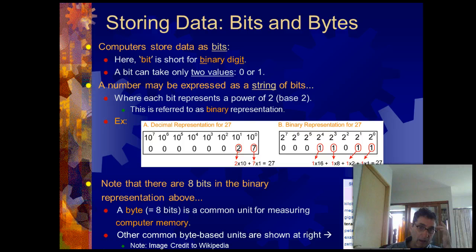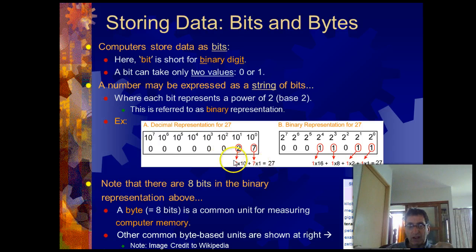Okay, so let's talk about how computers store data. If I write this number 27, everybody knows what that means. We can say that it means 2 times 10 plus 7 times 1, right?